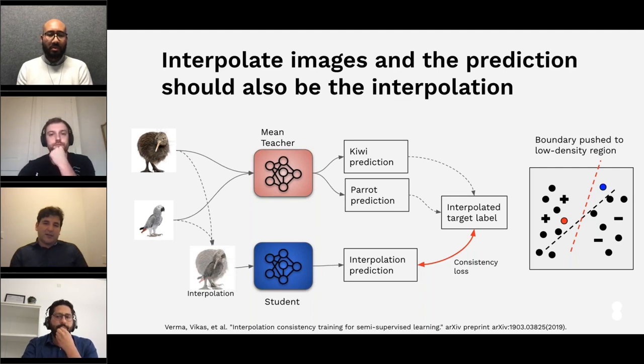So we have a student model where we get a prediction on the interpolated image. Then we want to create a target, a label that we don't know for this image. We pass the two original images through the mean teacher, take the average of these, and this is our target label.